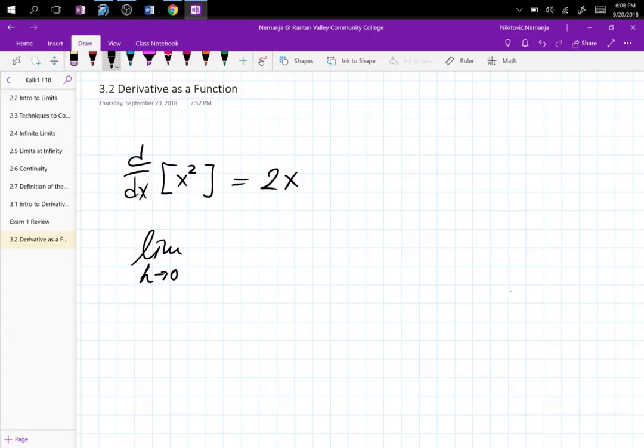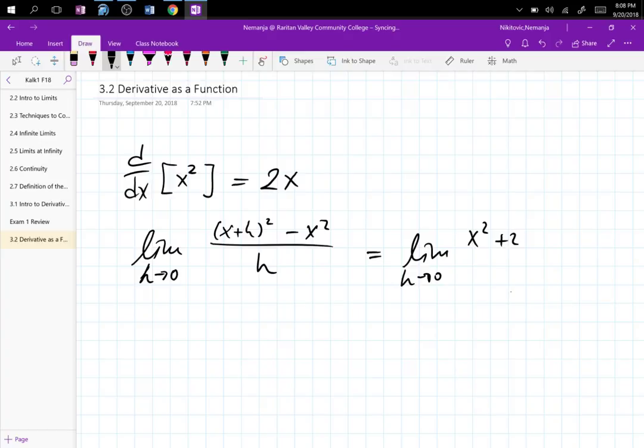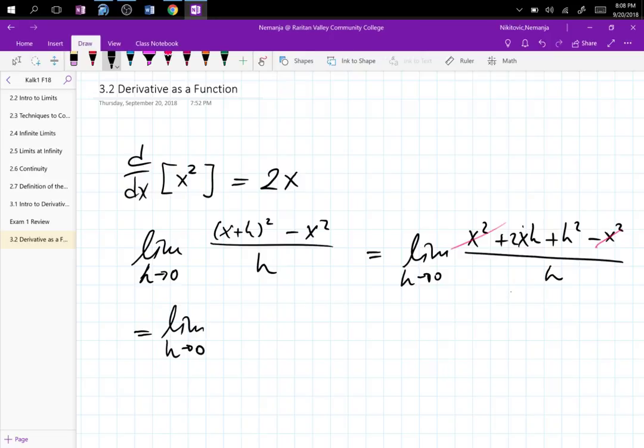Now we have f of x plus h, which is x plus h squared, minus f of x, which is x squared, divided by h. When we do the limit, we have x squared plus 2xh plus h squared minus x squared divided by h. These guys cancel and we get the limit as h goes to 0.